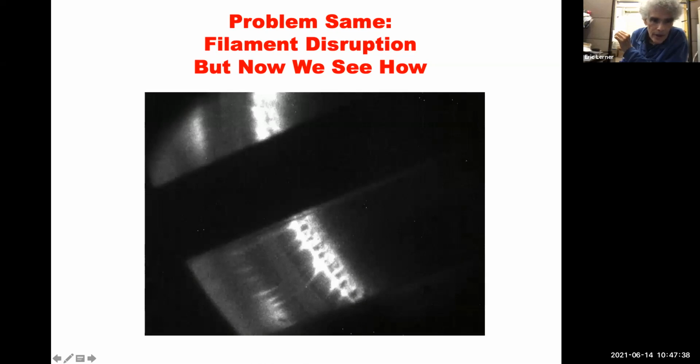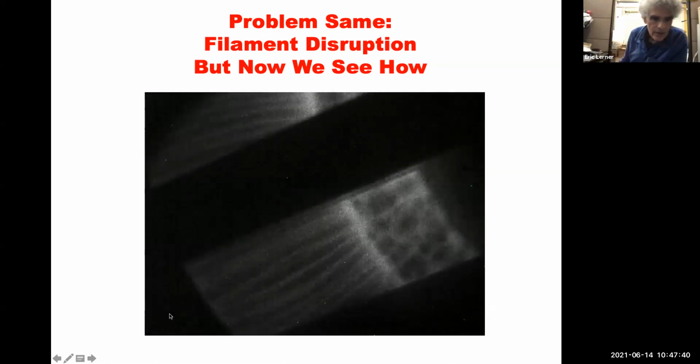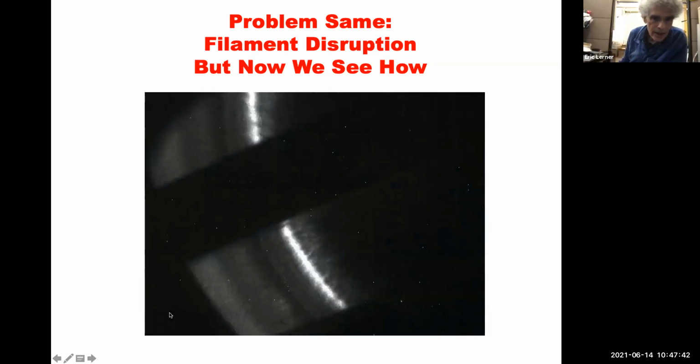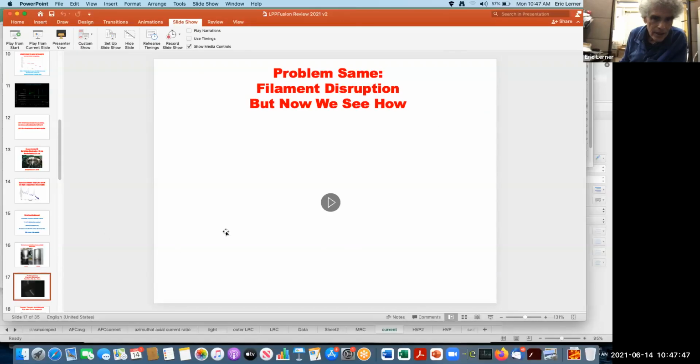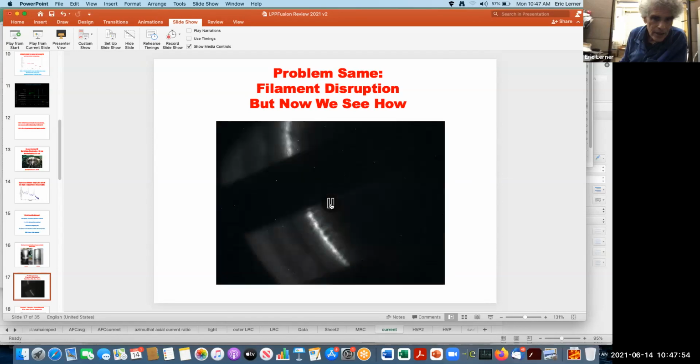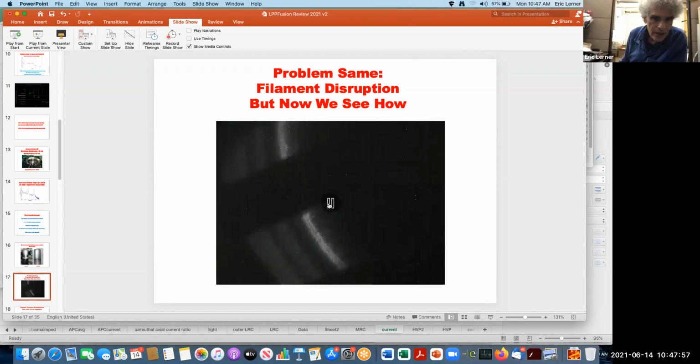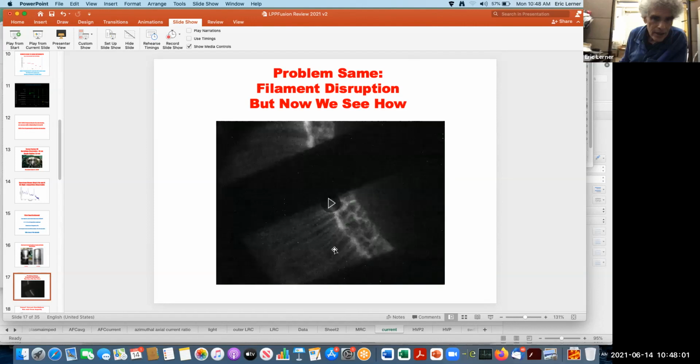Okay, so basically you can see that there's about, let's say, 10 filaments between each vein.